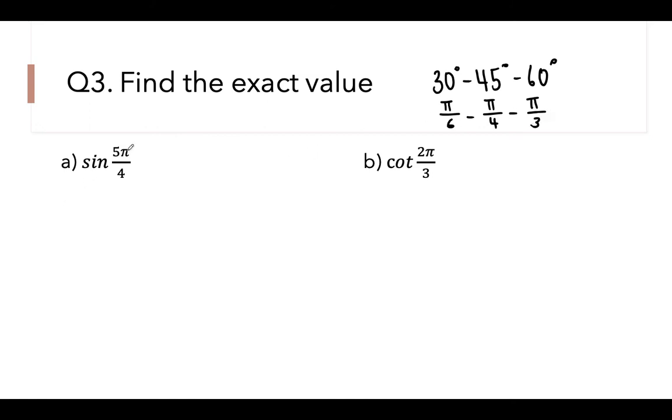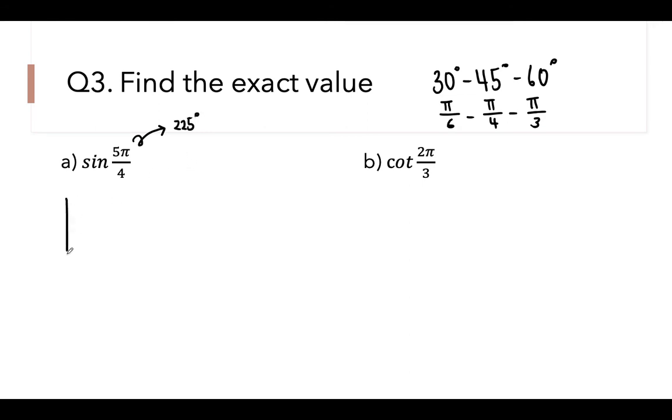So first, we have 5 pi over 4. This is definitely greater than the denominator. So what I would do is, let's estimate how big this angle is. If I were to convert 5 pi over 4 using the conversion factor of 180 over pi, it's going to give me 225 degrees.